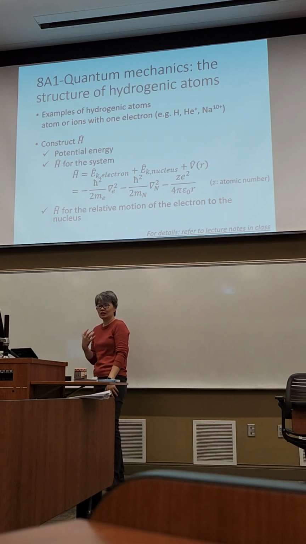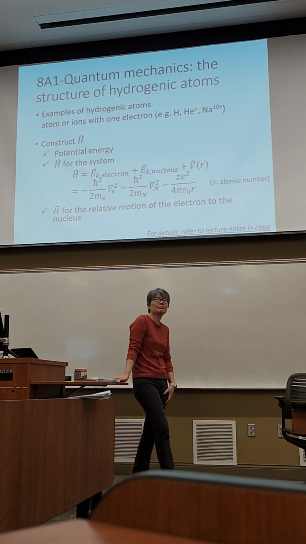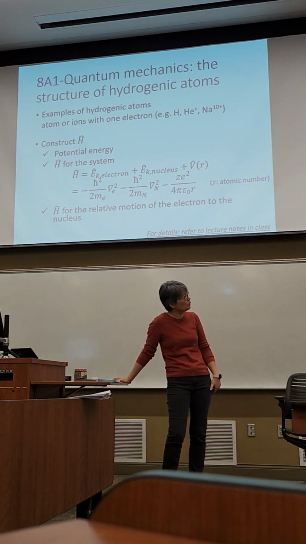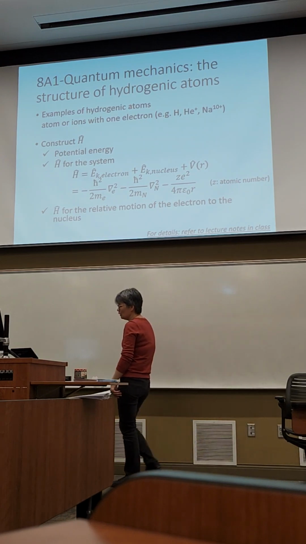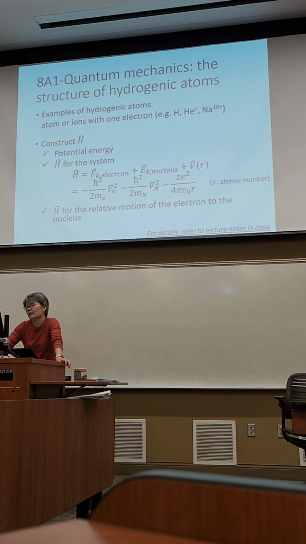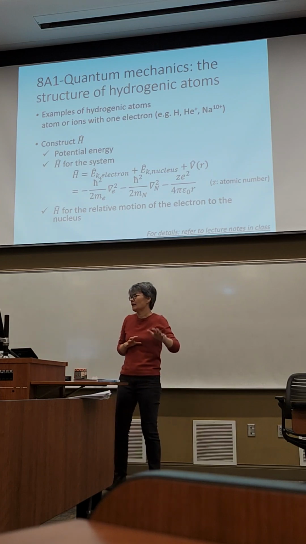And we consider that the nucleus is so much heavier than the electron that we can approximate the nucleus as stationary. So you can reduce the system from this two-particle event into only considering the Hamiltonian operator of the system as the electron movement with the nucleus stationary.